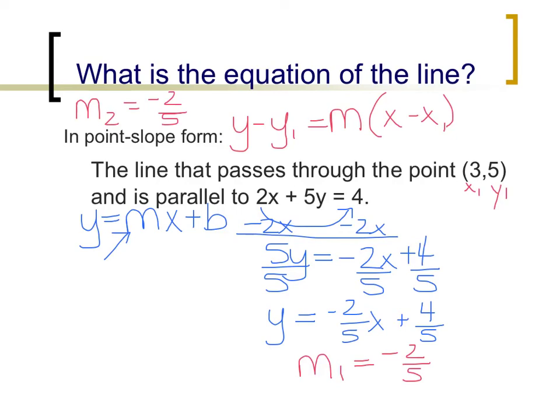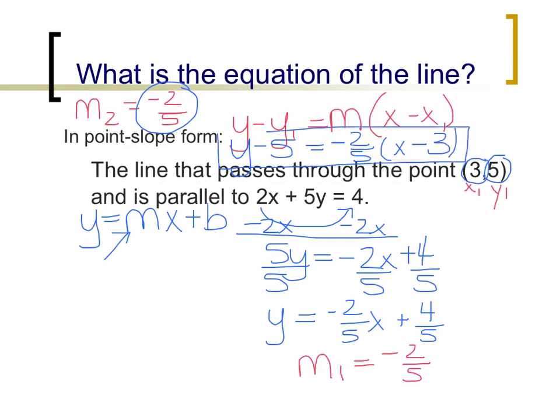So when I rewrite the equation using the point slope form, I will write y minus, remember my y1 is 5, that will equal my slope, which is negative 2/5 times x minus, and my x1 is 3. So here I have the equation of a line that is parallel to 2x plus 5y equals 4, and it passes through the ordered pair (3, 5).